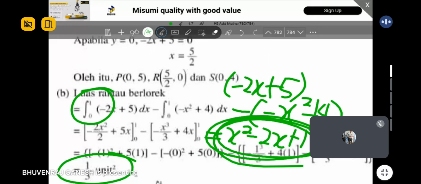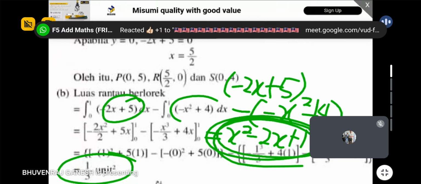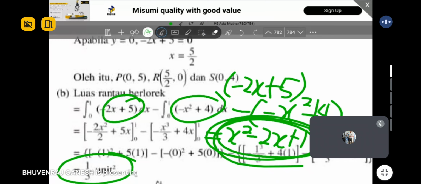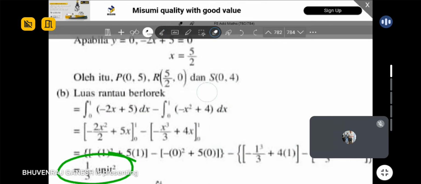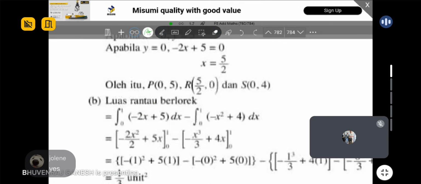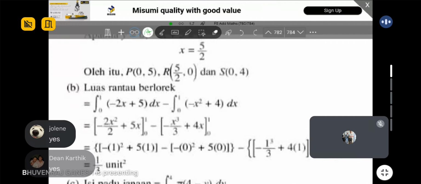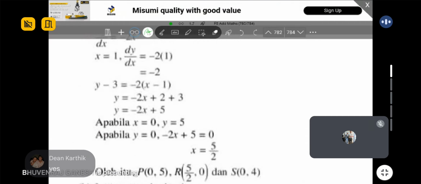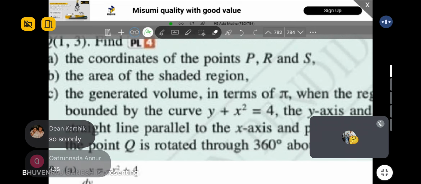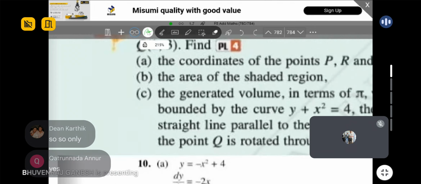Understand, guys? Because if they have the same limit, mereka kongsi had sama, you can directly minus these two equations. Then only start to integrate. It's much easier, lebih senang, and less chance for careless mistake, kesilapan. Okay, guys? Clear? Number B? Easy, right, guys? Until now, do you all feel easy for chapter 3? Easy, right?